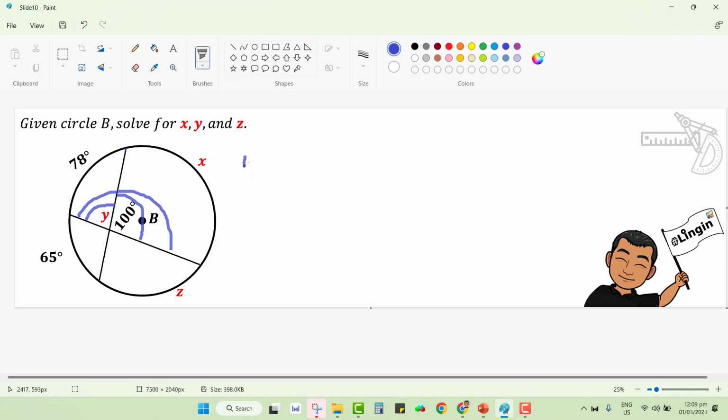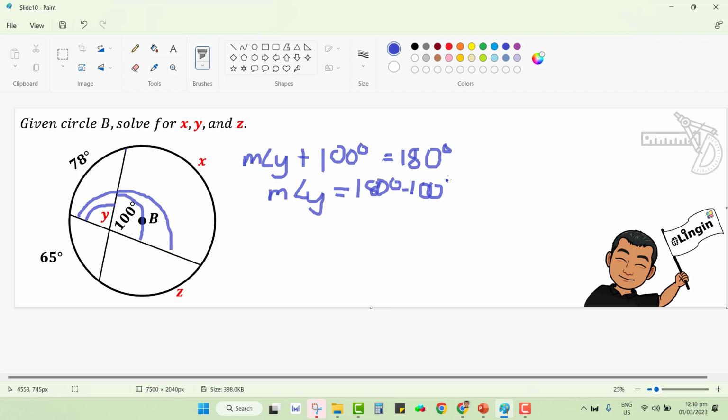So the measurement of angle y plus this 100 degrees must be equal to 180 degrees for them to be called supplementary. Solving, the measurement of angle y is 180 degrees less 100 degrees, which gives us 80 degrees. This is the value for the angle y here.